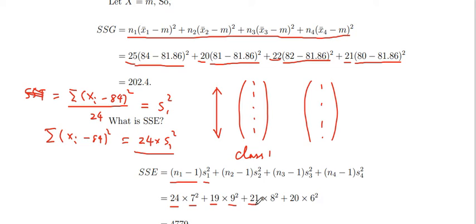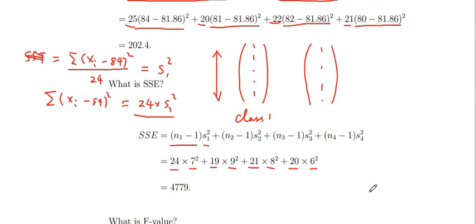Then n3 is 22, 22 minus 1, 21, so multiply 8 square. And n4 is 21, so 20, right? So multiply this variance, 6 square. Okay, so we found this is 4779.